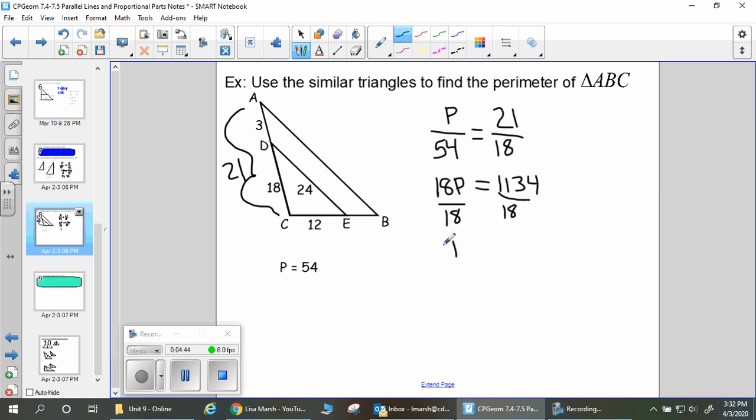In this case, the perimeter of what is the larger triangle is going to be 63. So the key to this is you're using a proportion. One of your fractions represents the perimeter.